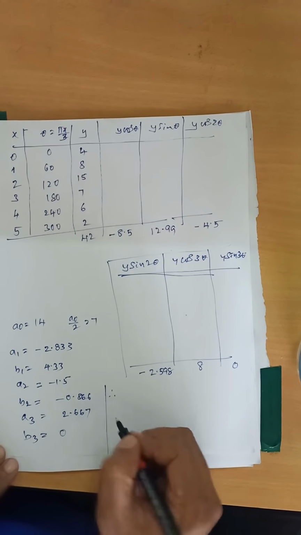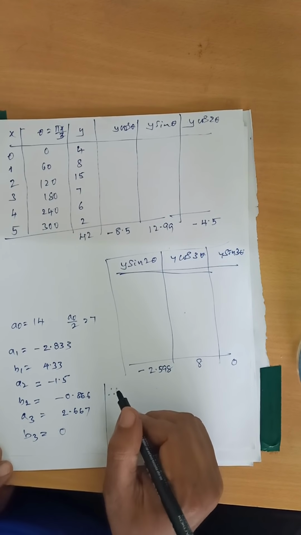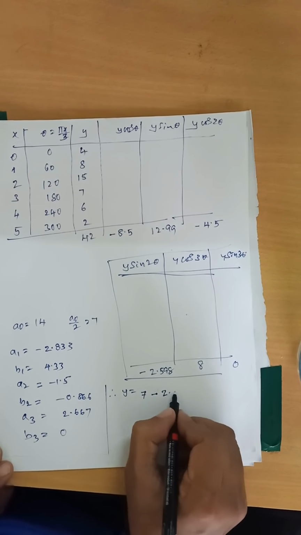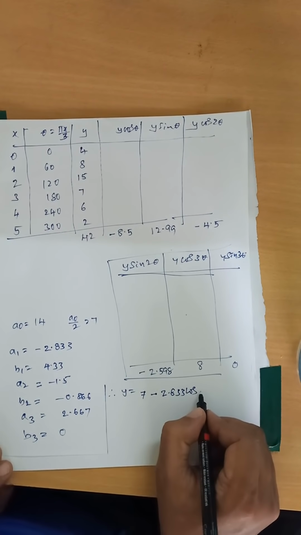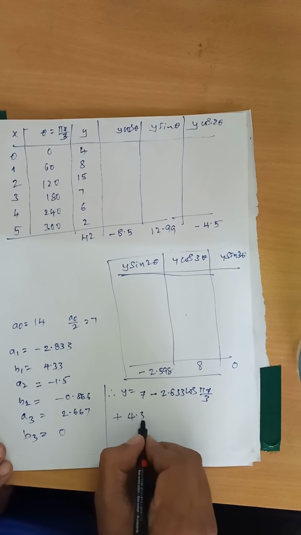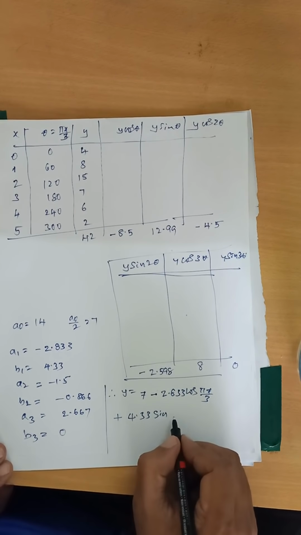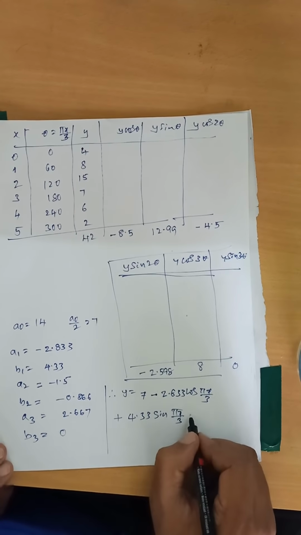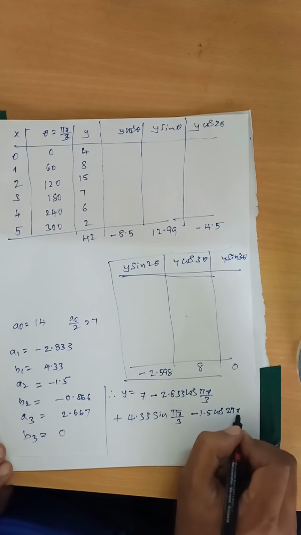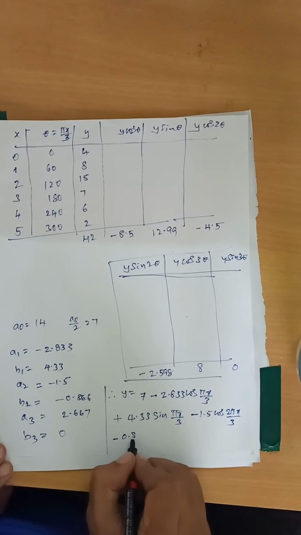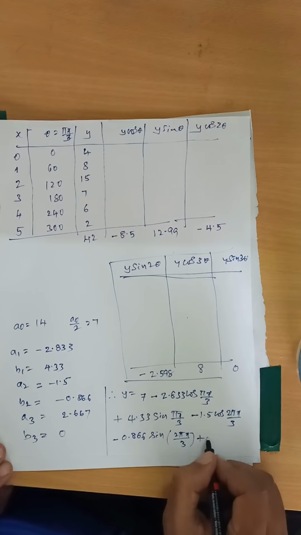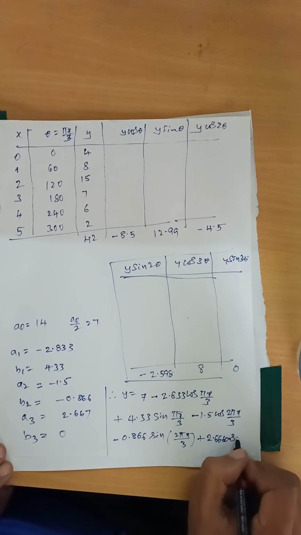Therefore, the required Fourier series up to third harmonic, y is 7 minus 2.833 cos pi x by 3, or denoted cos theta, plus 4.33 sin pi x by 3, minus 1.5 cos 2 pi x by 3 minus 0.866 sin 2 pi x by 3 plus 2.667 cos pi x.